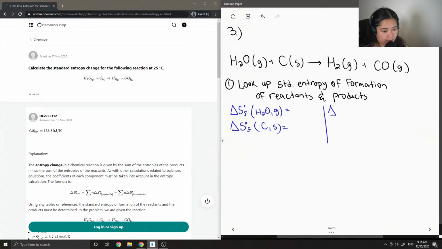Okay, so these standard entropy of formations, the values are given in a table. So usually it might be given in the question, or you have to look it up in a textbook.